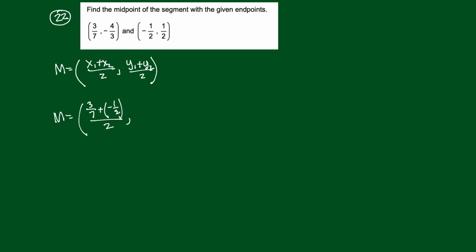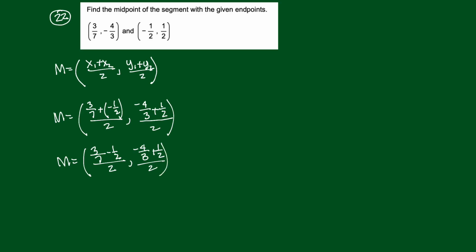So for the y's, it's going to be negative 4/3 plus second y, 1/2, all over 2. Let's work with these a little bit here. We'll get 3/7 minus 1/2 all over 2, and this one is going to be negative 4/3 plus 1/2 all over 2.